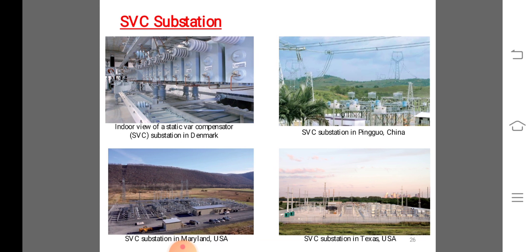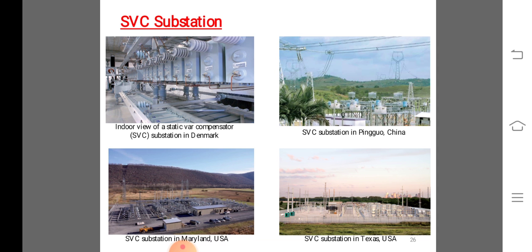Then in three-phase, the thyristor controlled inductors are normally delta connected, as shown, to compensate unbalanced loads, and the capacitor may be star or delta connected. In the thyristor controlled reactor, the inductive reactance is controlled by the thyristors for a limited range of operation.